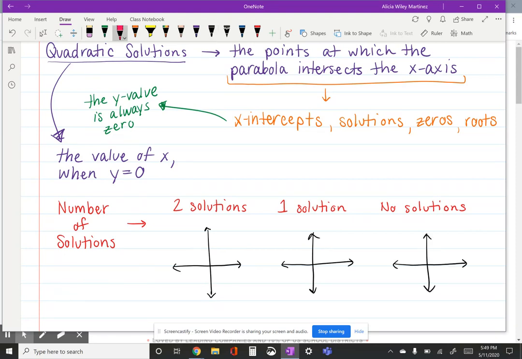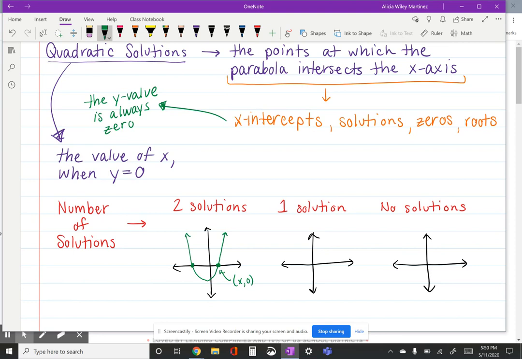So on a sketch, if you were to graph something with 2 solutions, that would mean that your parabola would cross the x-axis once and then twice, creating a solution here and a solution here. Again, those would be points where the y value is 0.